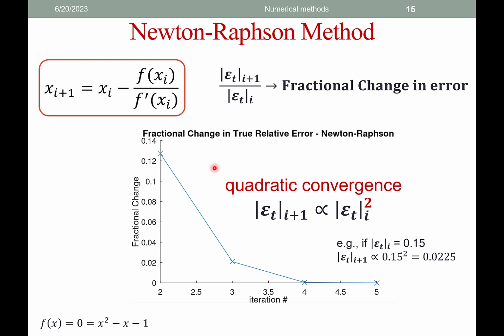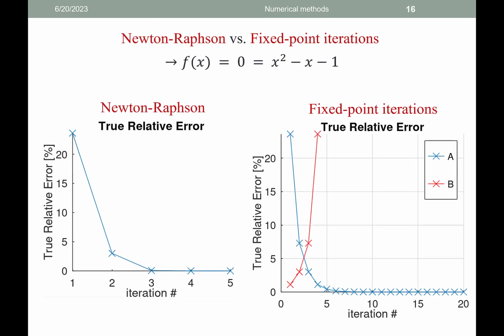Both of the methods we've covered in this lecture so far are open methods requiring a single initial guess. Here we see the true relative error for the Newton Raphson method compared with the fixed point iteration method.